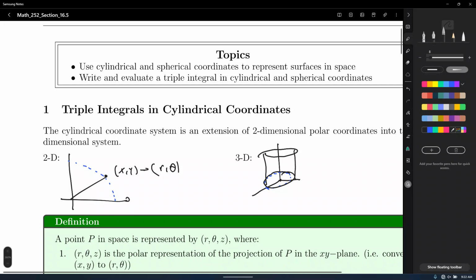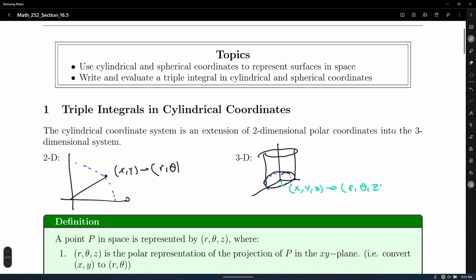Like this. So really, any point on the cylinder, which is x, y, z, will again be r theta, but at a height z. And that z is not going to change. The only thing that is going to change is the xy, which will become r and theta.